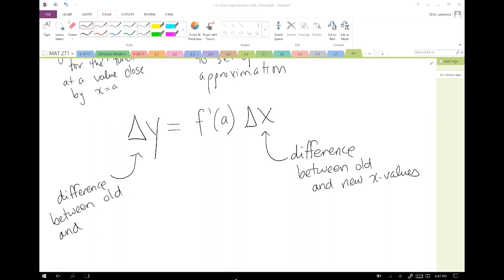And when you're using the symbol delta, it's specifically referring to linear approximations. It means you're doing this with the help of a straight line.